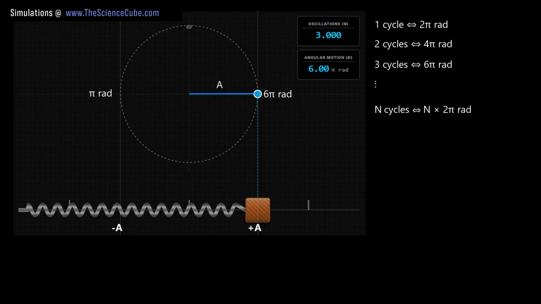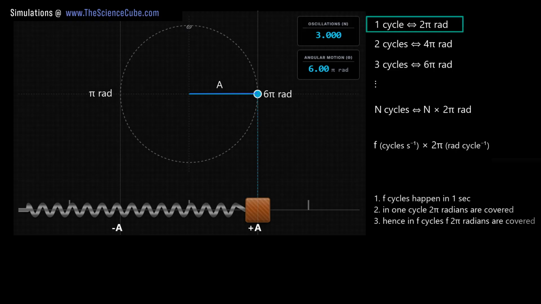And you see, this allows us to convert linear oscillation into an angular description. So now we are ready to define something new. If the frequency of the mass is f cycles per second, then in 1 second, the equivalent angular motion would be 2 pi times f radians per second.